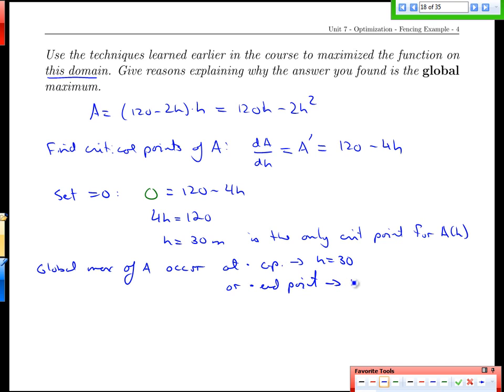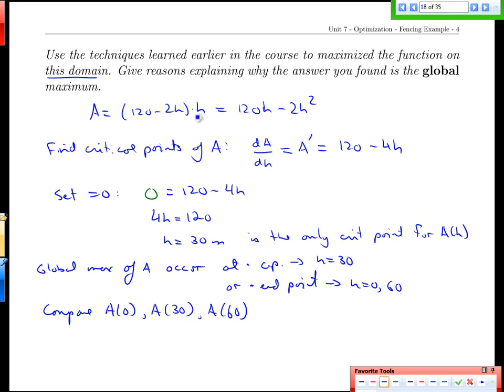Our two endpoints were H equals 0 and 60. How do we know which one gives us the highest value? Our intuition certainly tells us that a fence with 0 width or 0 height is not going to give us much, but we can validate that mathematically by comparing the A values for those three different numbers. So we're going to compare A with 0 height, A with 30, and A with 60.